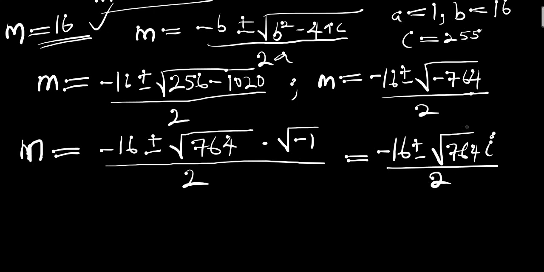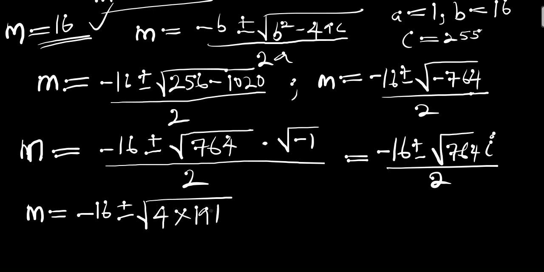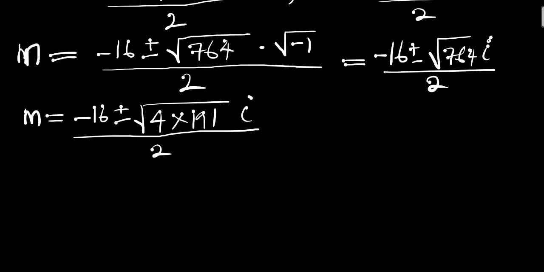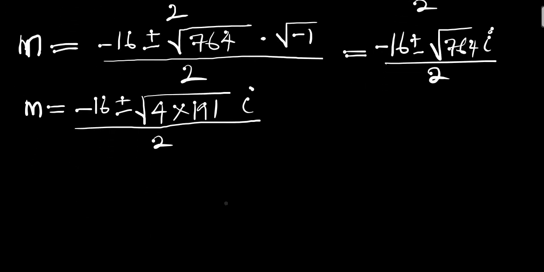Now, we can actually work with this 764. 764 is simply 4 times 191. So we are going to have m equals negative 16 plus or minus square root of 4 times 191, this will give you 764, times i, then divided by 2. So we go again.